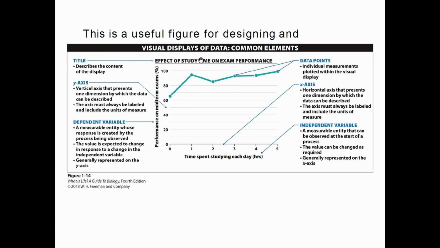So we can change how much someone spends studying, how much time they spend when they study, but these numbers here are reliant on this factor here. So we call it the dependent variable because it's dependent on something else. In this case, exam performance is our dependent variable, and it is dependent on how much time someone spends studying.